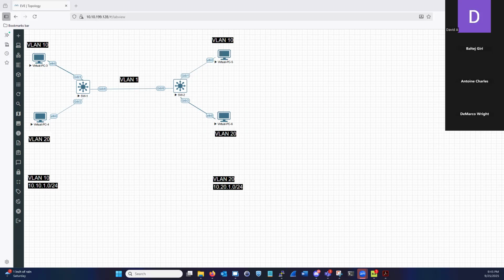How? It's tagging that frame based on the interface that's assigned to it. So what's this interface here? Would that be tagging it, or would that be putting it within a broadcast domain?